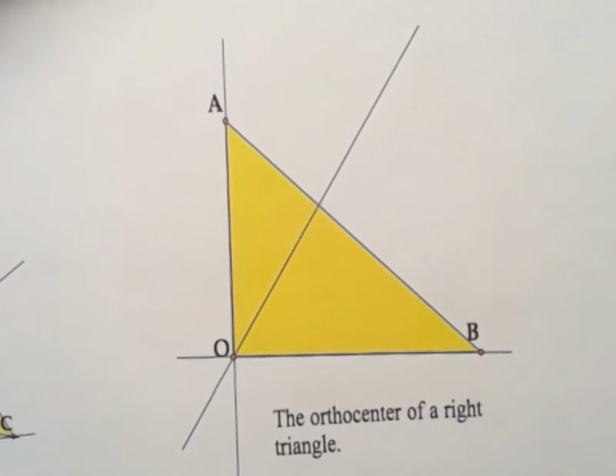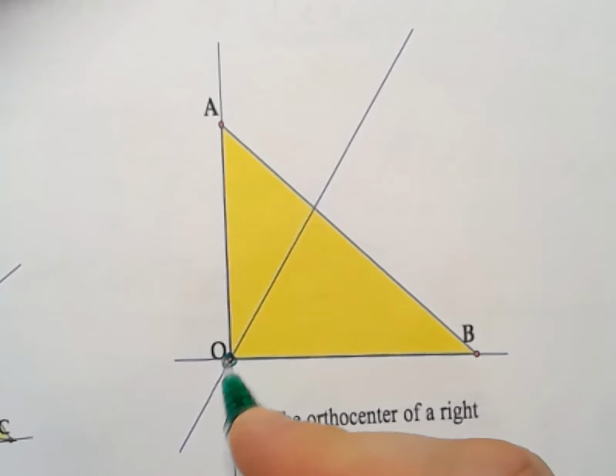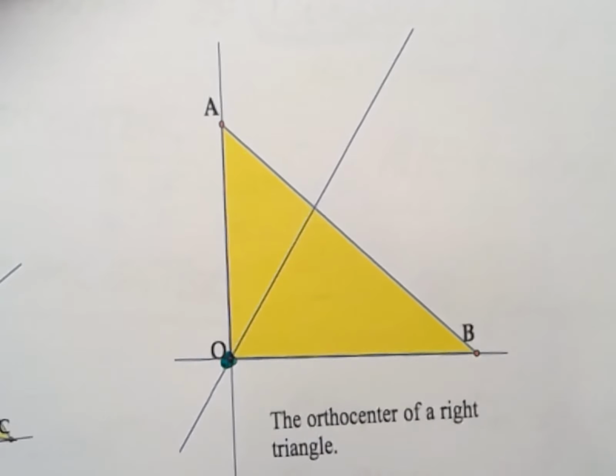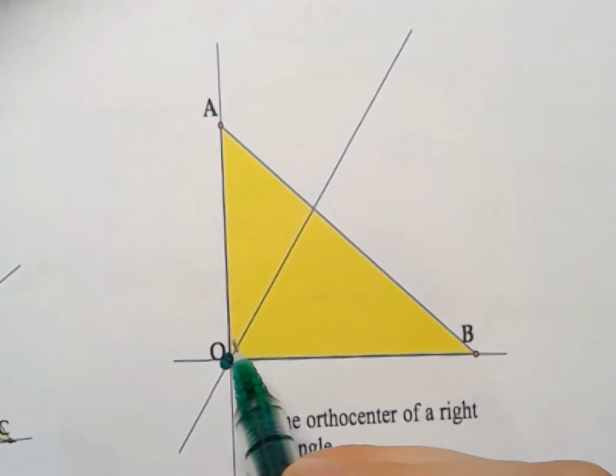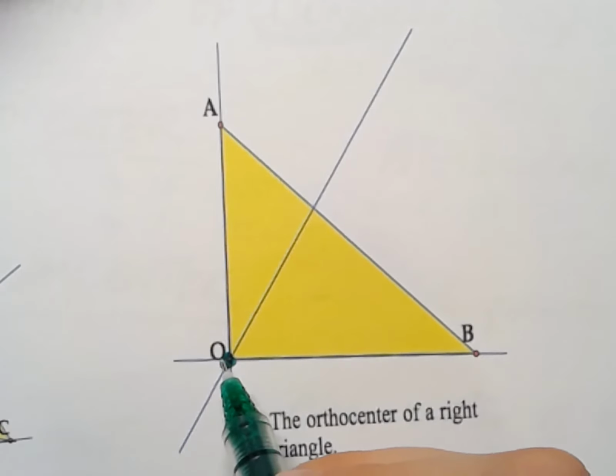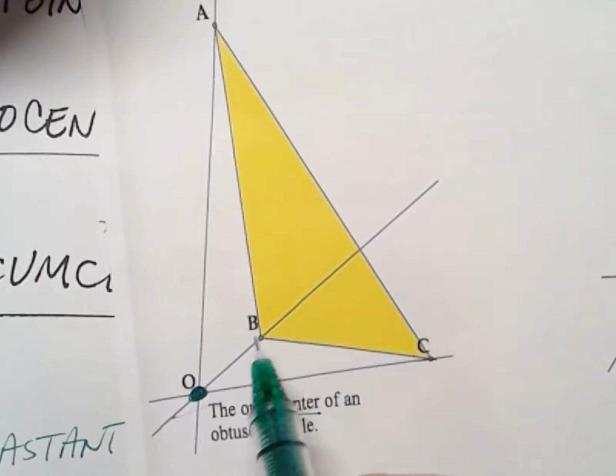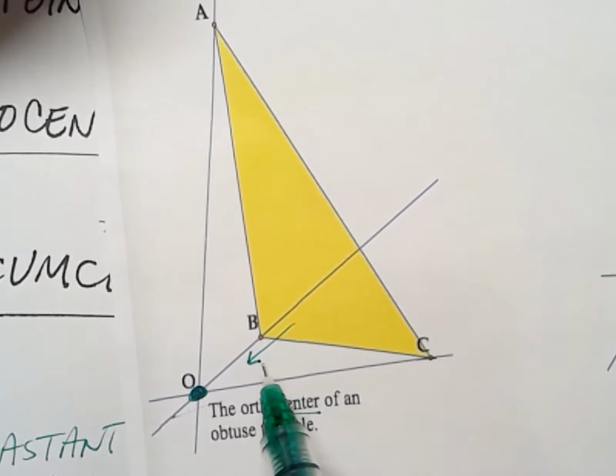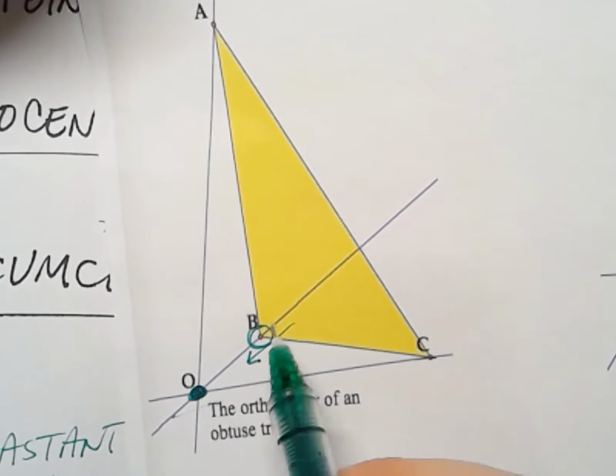If it's a right triangle, the orthocenter is going to be right on the vertex across from the vertex that's the 90-degree angle. Just like this, if you notice here, the orthocenter was outside, going this way. It was outside of this obtuse angle right there. So the orthocenter is directly related to the position of the defining angle.